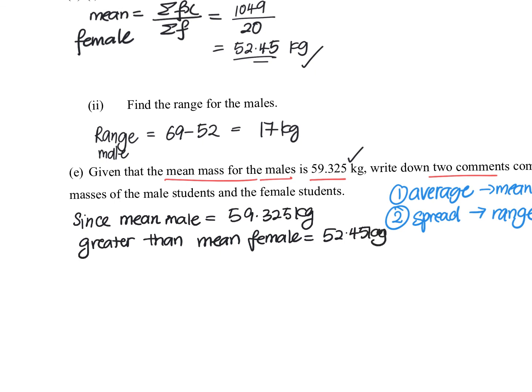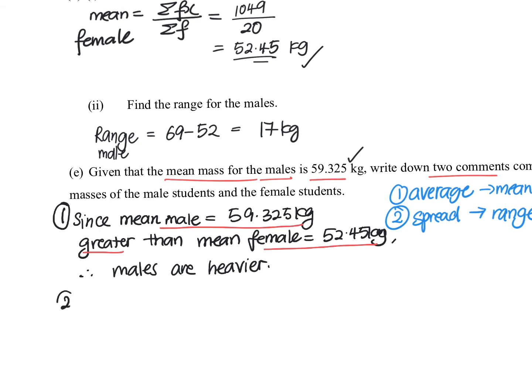Remember, give the data value, compare, give the data value. Since this is true, male is heavier than female. Therefore, we write the conclusion: males are heavier. This is the first comparison on average.